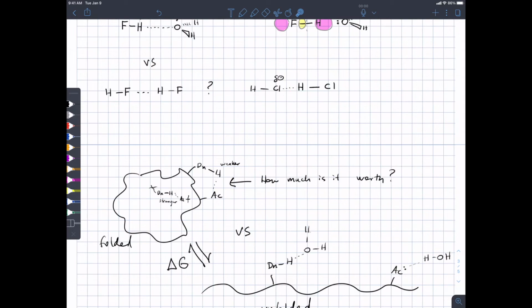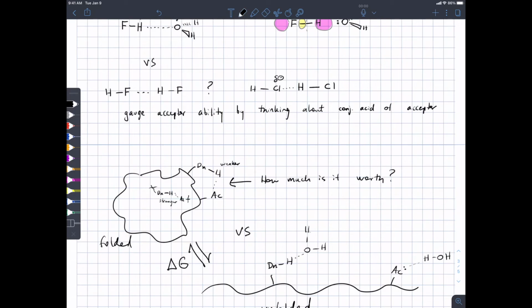I think size is probably important. And sometimes you can gauge acceptor ability by thinking about the conjugate acid of the acceptor.